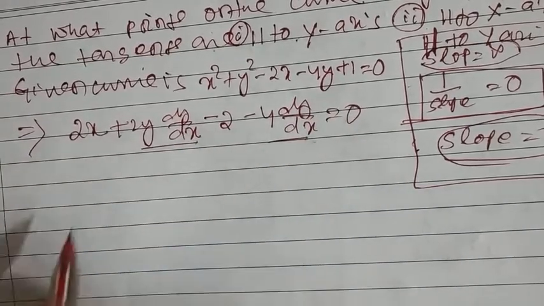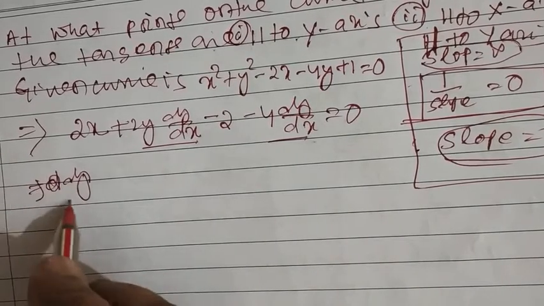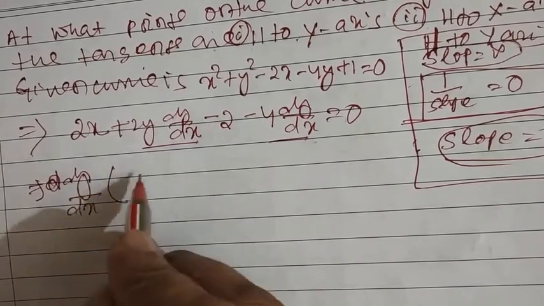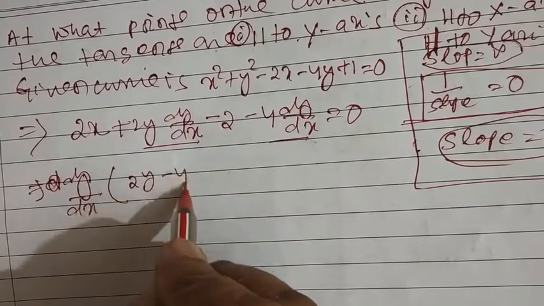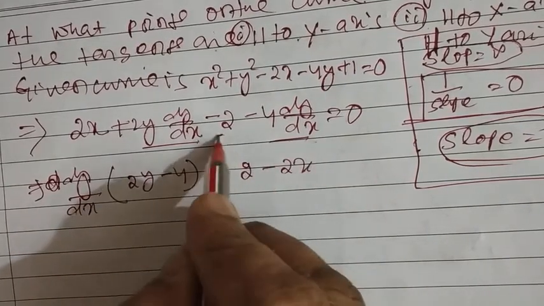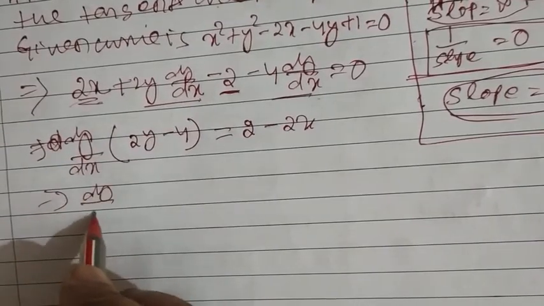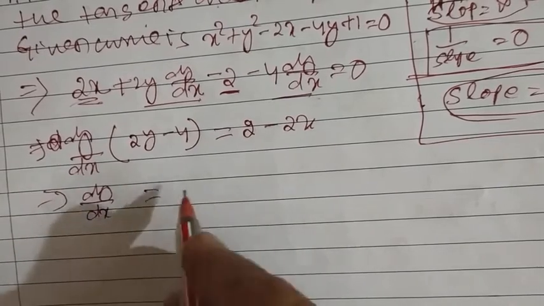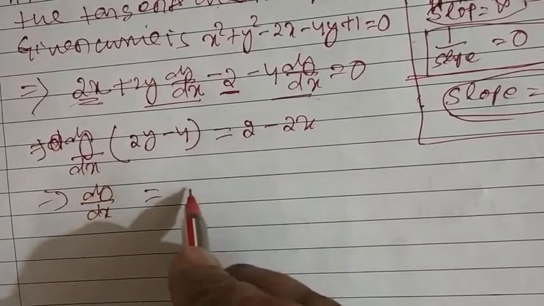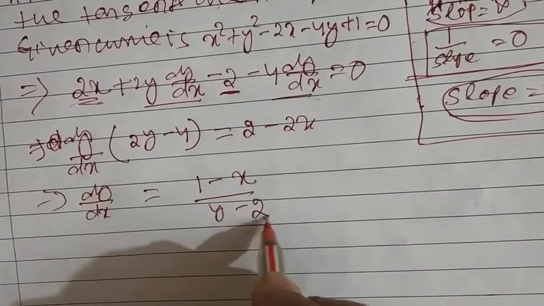Let me get dy by dx. This gives me dy by dx common, 2y minus 4 equal to 2 minus 2x, taking these two terms to the right side. So what is dy by dx? It is 2 cancelled, 1 minus x by y minus 2.